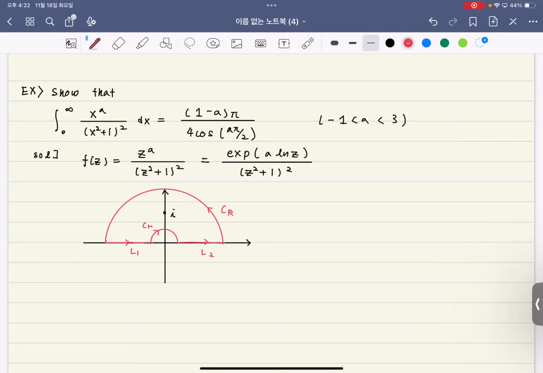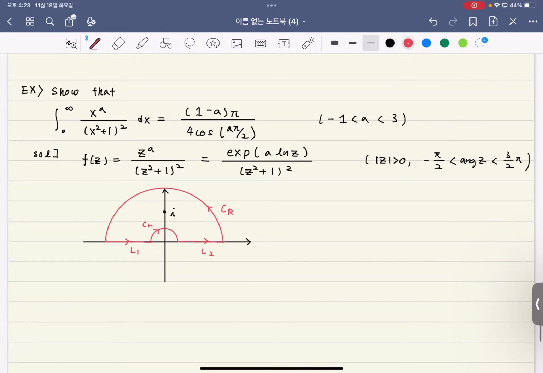If I put my branch along the negative y-axis, then this area of integration does not contain any of these branch points. So here, z is positive, and I require that my argument is from minus pi over 2 to 3 times pi over 2. This is my branch.